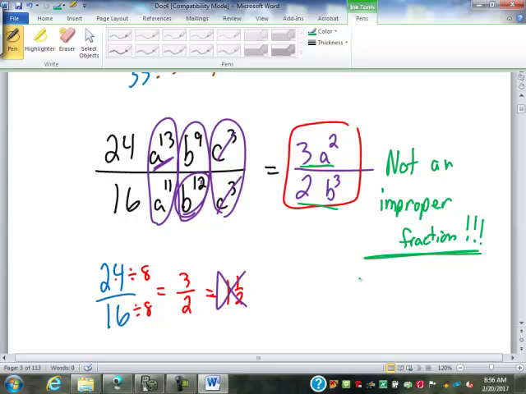At least we can't prove that it's an improper fraction. It may end up being that way depending on the values of a and b. But we cannot assume that it's improper, and we can't split it up into a mixed number until we know for sure. So you would have to leave it like this. The reason I say that is every semester on the test for this section, I do have somebody that splits that into 1 and 1a squared over 2b to the third. You can't do that. It is not an improper fraction.